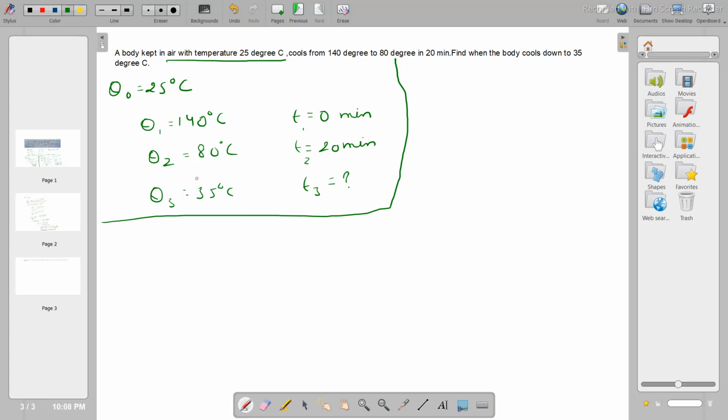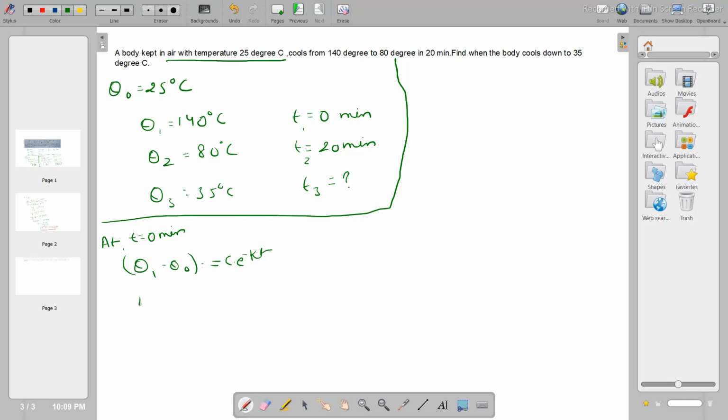So this is the required data we have. We will solve it again like that. It's very simple. At t is equal to 0 minutes, we have theta 1 minus theta naught is equal to c into e power minus kt.